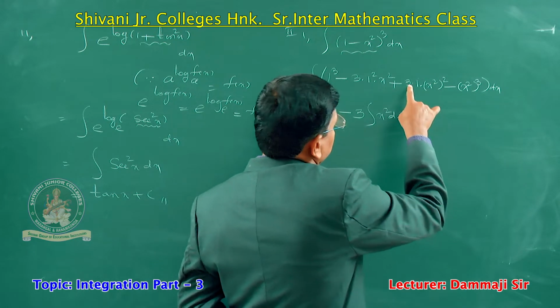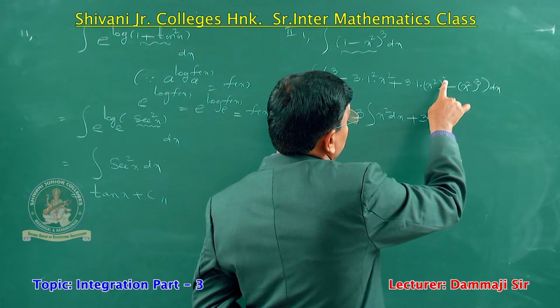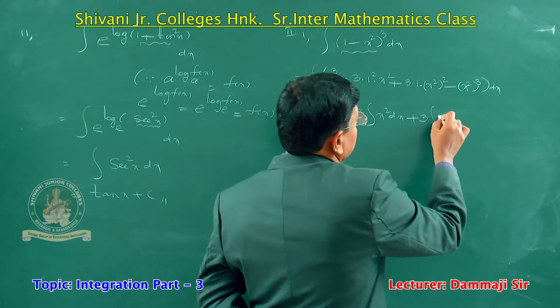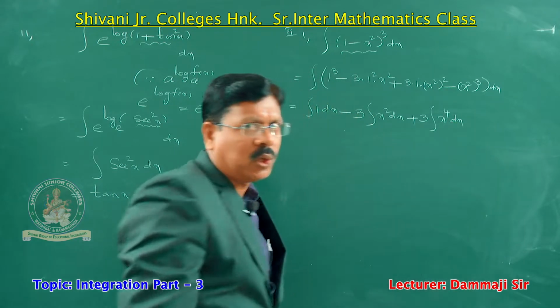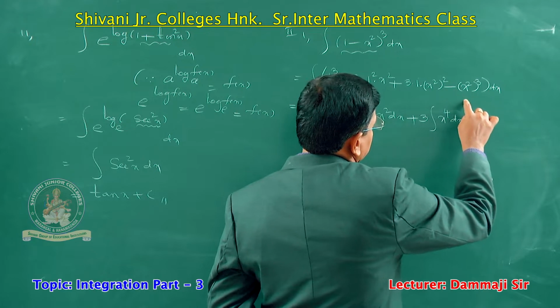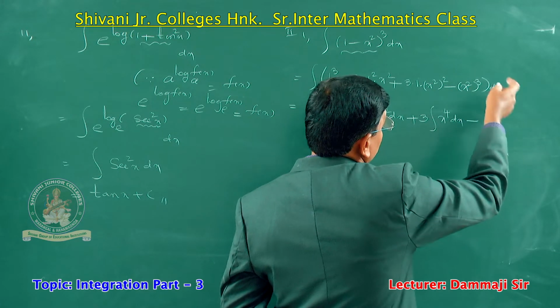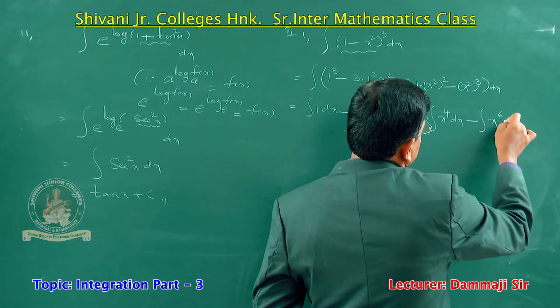Next term, 3 coefficient, integral of (x square) whole square, the result is x power 4. Minus, same sign, just keep it. (x square) whole cube is nothing but x power 6 dx.